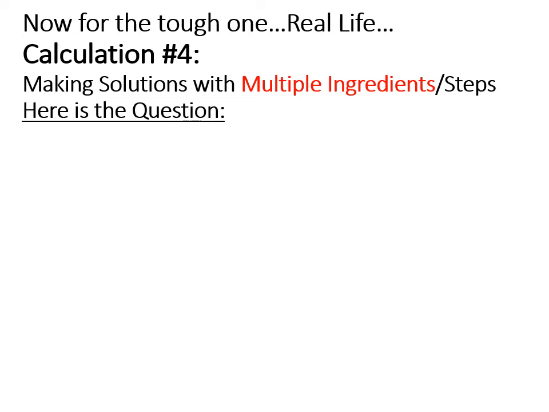If it's out, you have to make the stock solution first and then figure out how to dilute it down for what you need. Okay, so that leads us into calculation number 4, which is how it really works in the laboratory setting. The example that we're going to tackle is as follows.